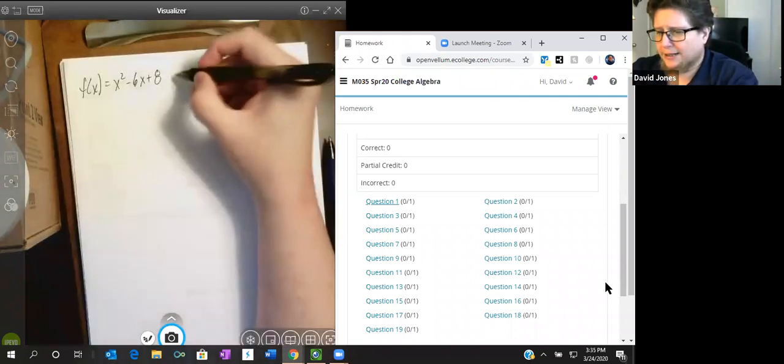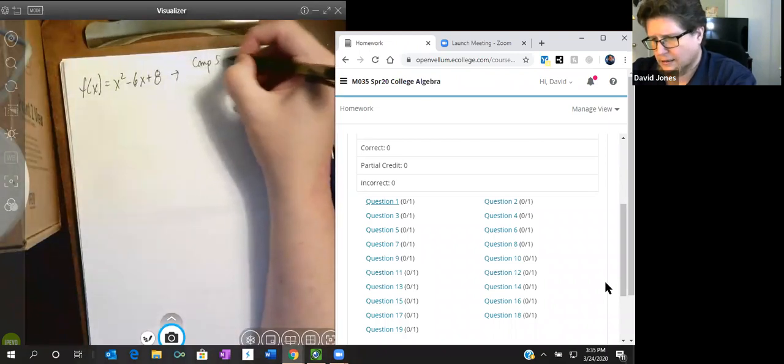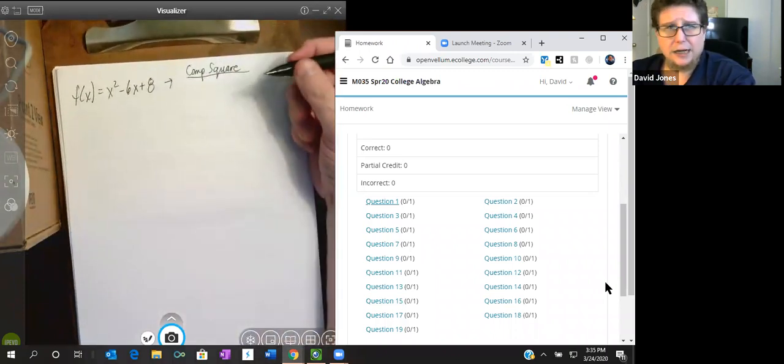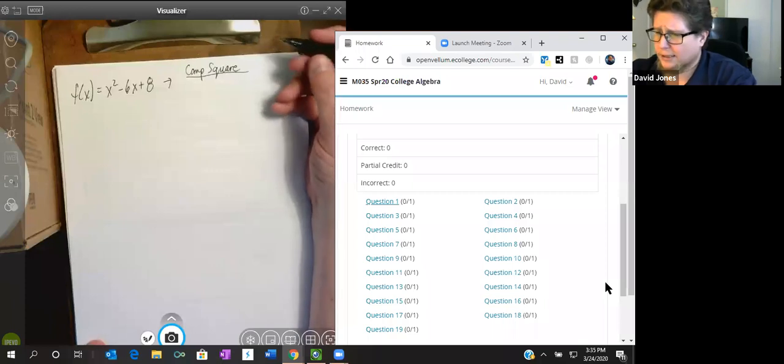Now, if we completed the square, I'm just going to do it so I can identify the vertex quicker, and then I'm going to go back and do the vertex formula, just so you can see it both ways.